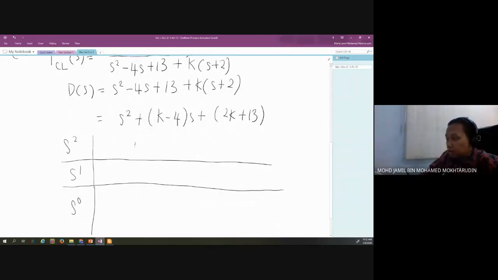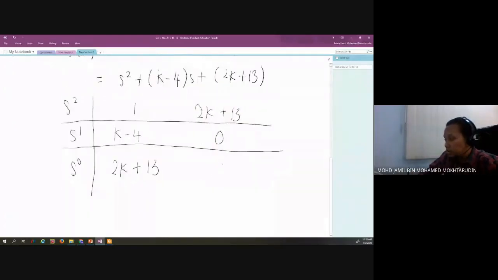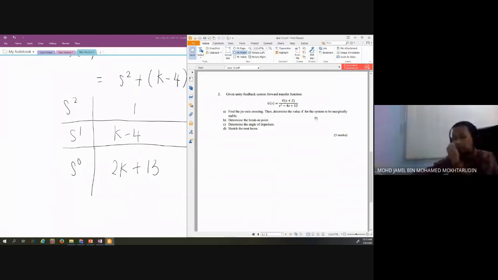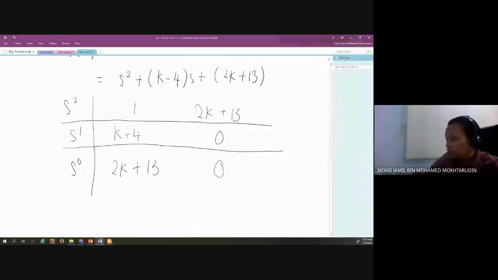So here 1, k minus 4, 2k plus 13, 0. And then here 2k plus 13, 0. So to determine JW axis crossing, to determine the value of k for marginally stable system, you use row S1. Okay, so use row S1.